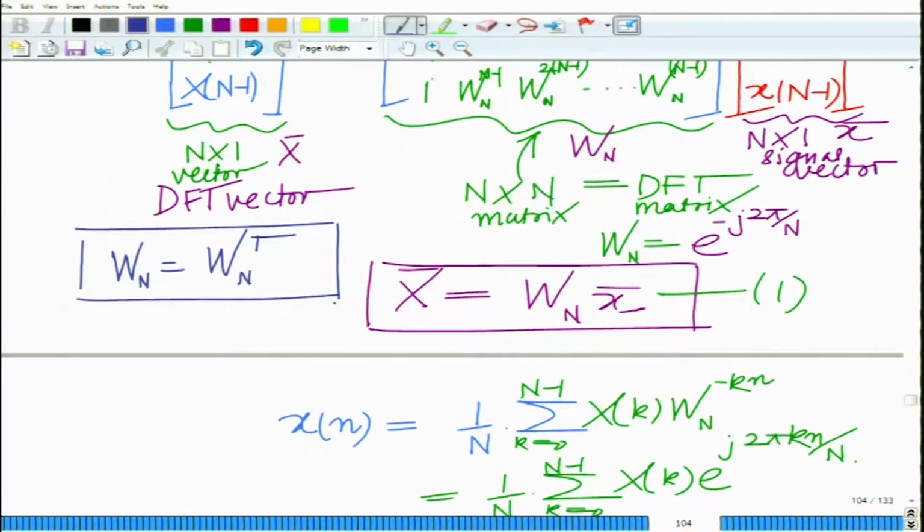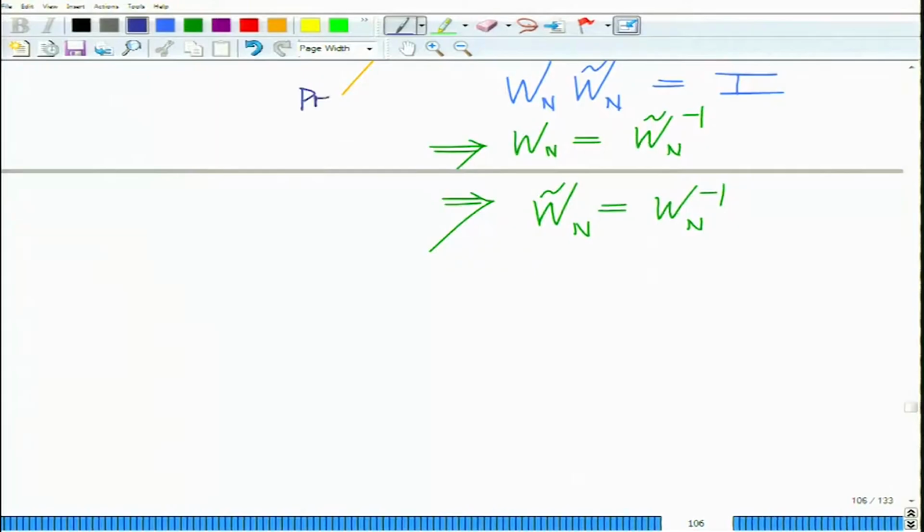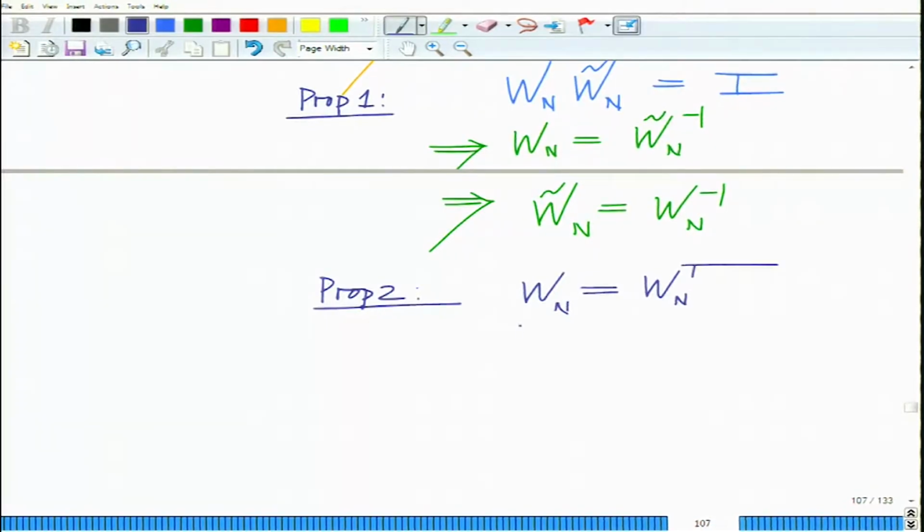So, observe that. Let us call this property 1, the inverse property, and property 2 is basically Wn equals Wn transpose.